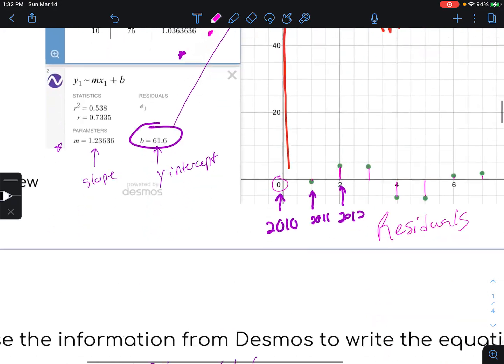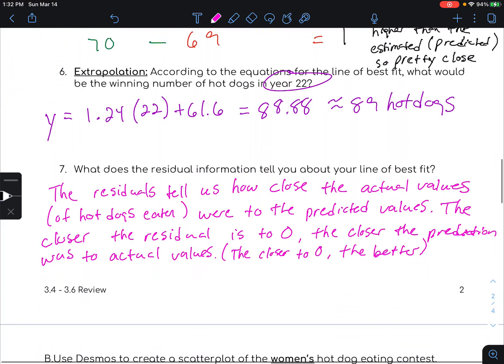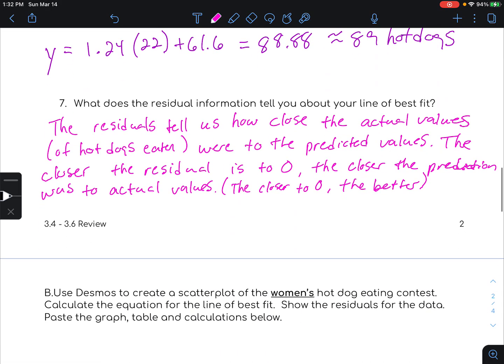So, I don't know. It's not the best. So about half were relatively close to 0. So in our data, about half were relatively close to 0.